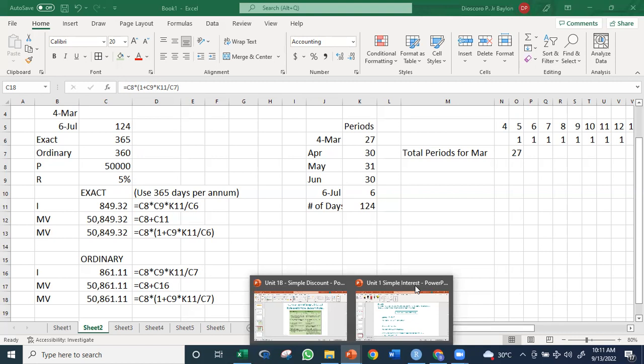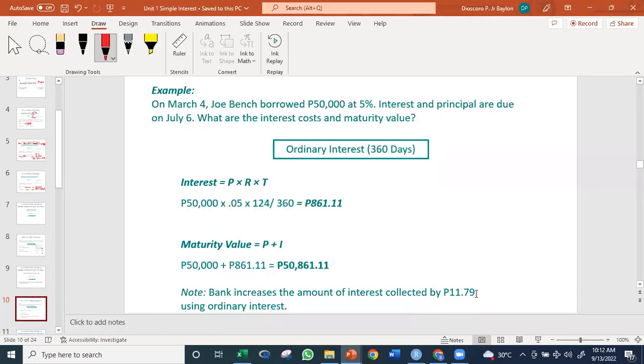However, class, when we're speaking of rates, it's always assumed to be annual. Do not assume that it's daily because the time given is daily. The rates will always be assumed to be annual unless I'm saying that 3% per month. When I say 3% per month, then that means that's monthly. But if I just say 3%, then automatically that is annual.